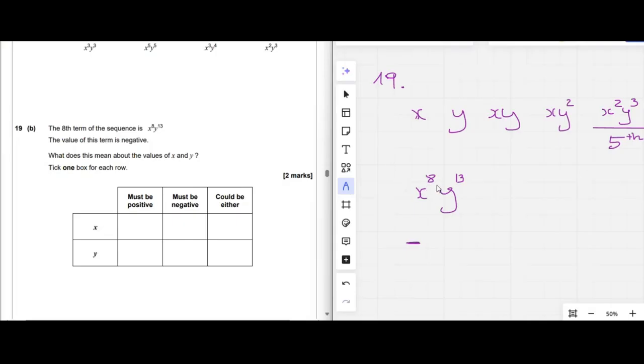X is in the power 8, which is an even number. And 13 is odd. So if we have an even power, what would that do to the signs? A positive number squared will still be positive. A negative number squared will be positive. So x could be either sign.